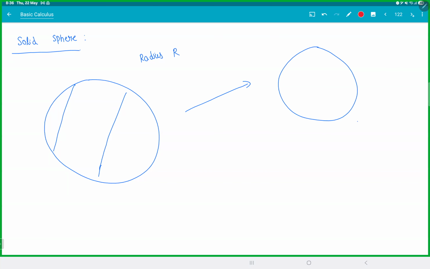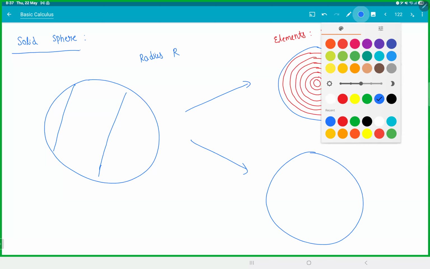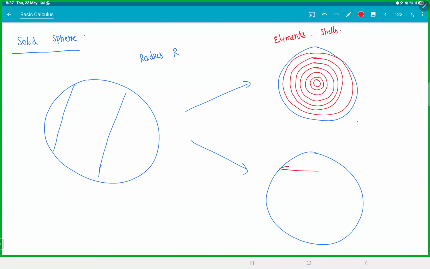So one way of choosing elements is shells. The second way of choosing an element is by taking thin disks.